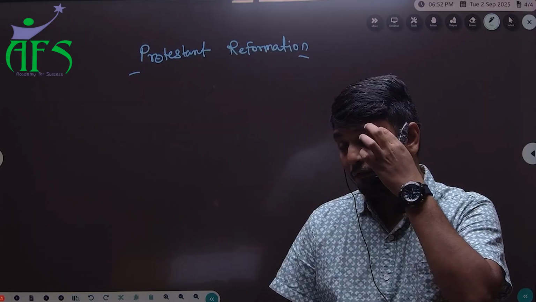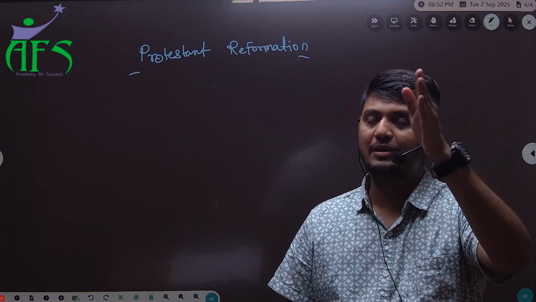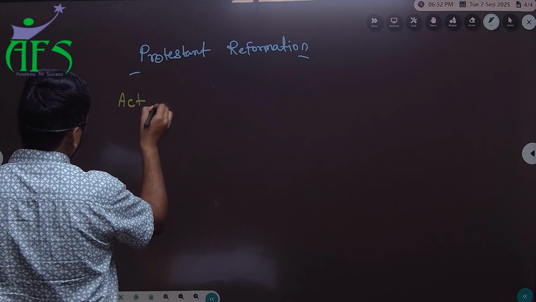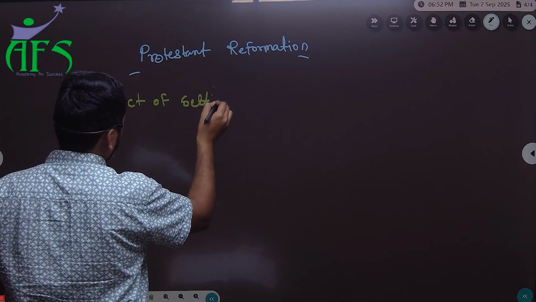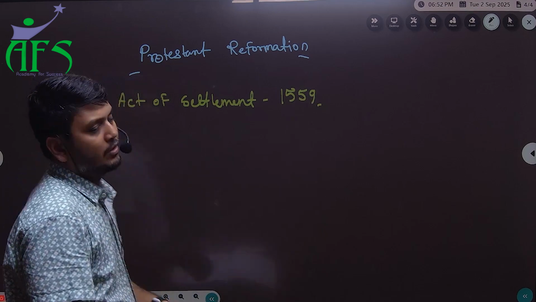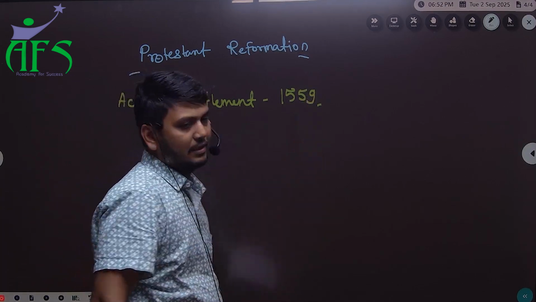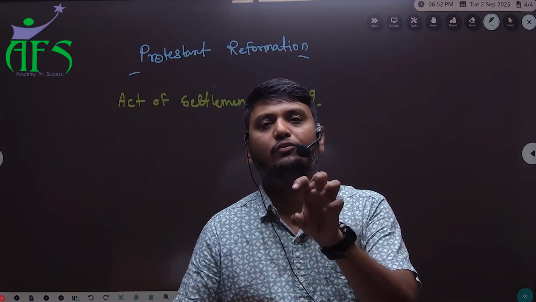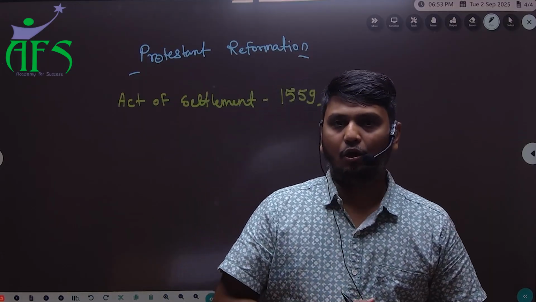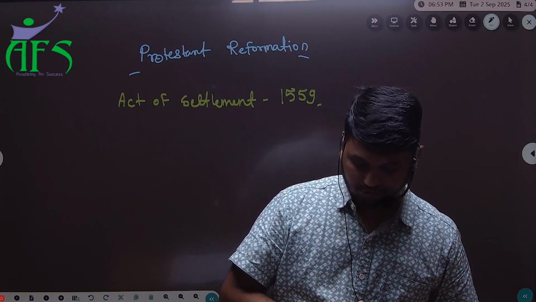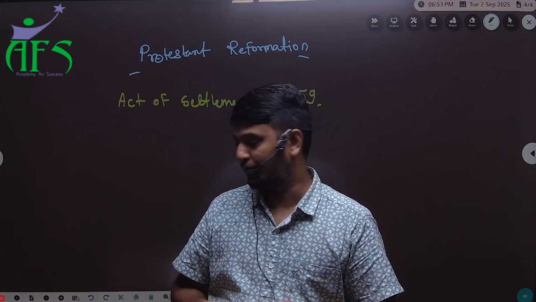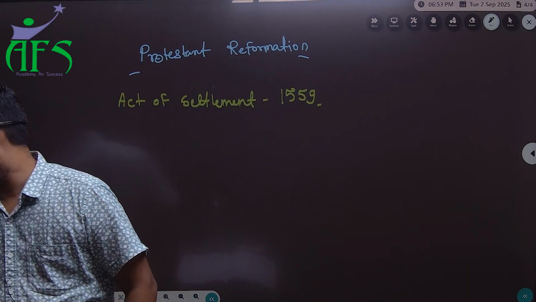Before, we had the supremacy of the church, but this act of settlement in 1559 gave all authority to the Queen, or to the King of England. All religious settlements or religious reformation come under the Queen. Okay, we talked about it already.